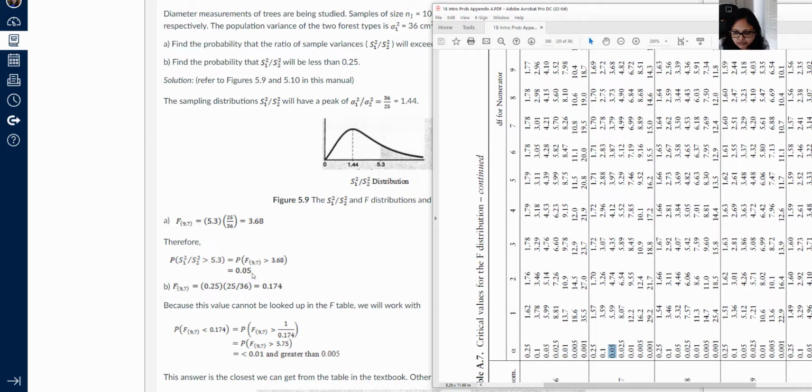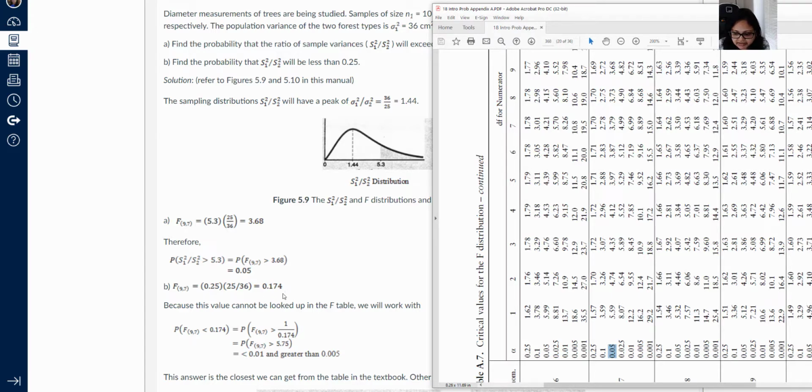So the second question was to find the value for which the probability will be less than 0.25. That means we have to look in the upper region, since we are talking about the less than area, because this table is giving you the upper region. So we use the 0.25 and then we found the F statistic value, but the issue is we cannot find the less than area.